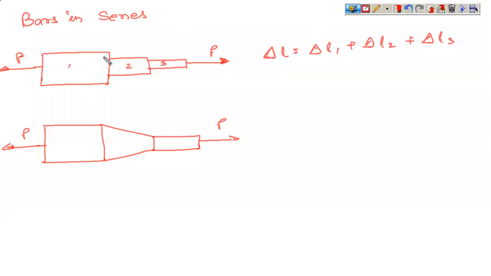So you need to find out the change in length that has taken place in body number 1, body number 2 and body number 3.